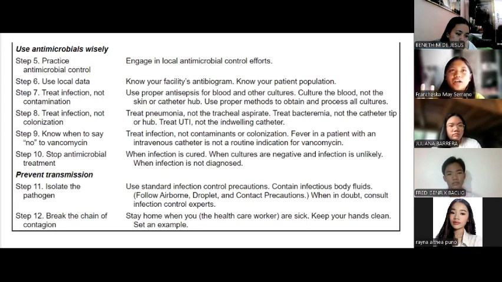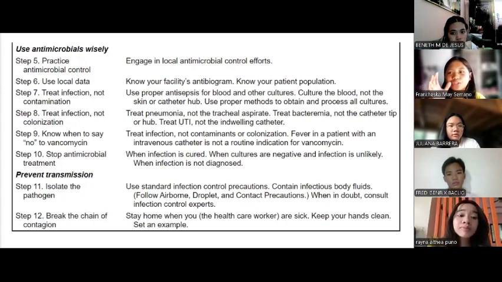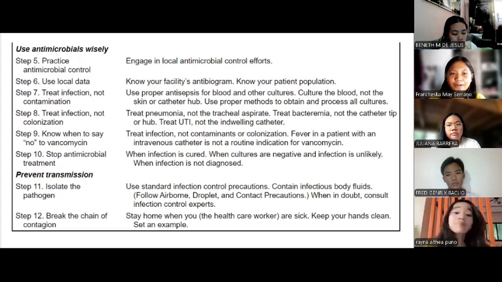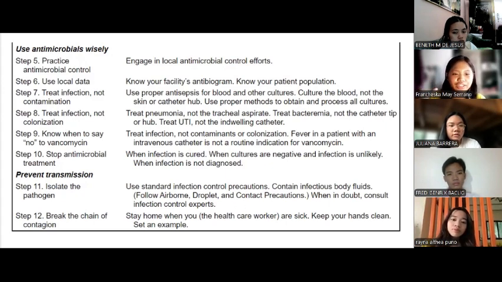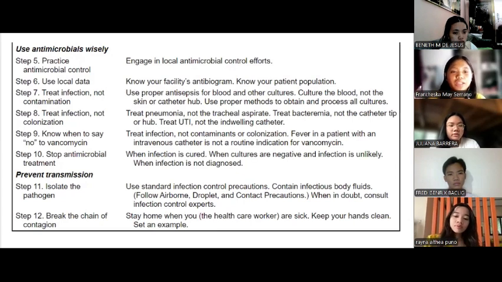I-document siya for what disease, for what age, for what lahat. Kailangan siya i-document within that local area para malaman yung trend ng paggamit ng antibiotic. Next is use local data, parang same lang din ng first. Know your facility's antibiotic program and know your patient population.